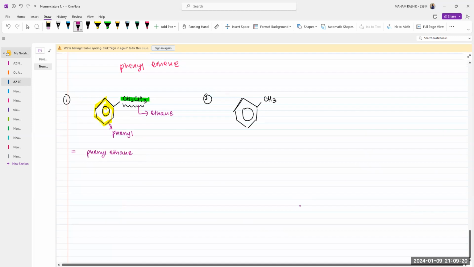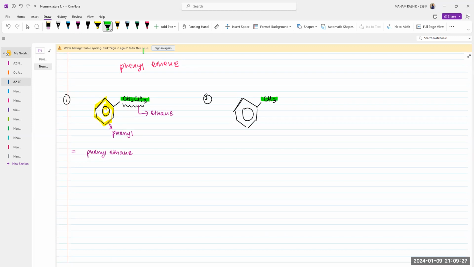So here, your substituent will be the methyl group, and the root name will be benzene, your benzene ring, right? So the root name is benzene, and your substituent is methyl. So this will be methylbenzene, right?